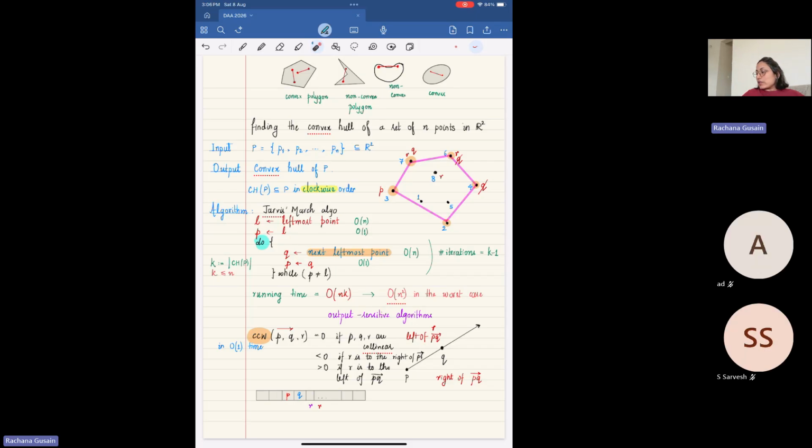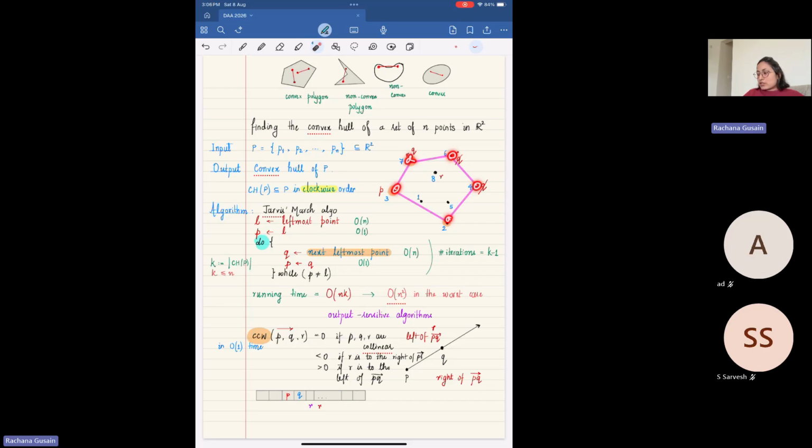There is one more very interesting algorithm, Graham's scan, which has a running time of order n log n. The algorithm that we had discussed has a running time of order n times k, where k is the number of points that lie in the convex hull.